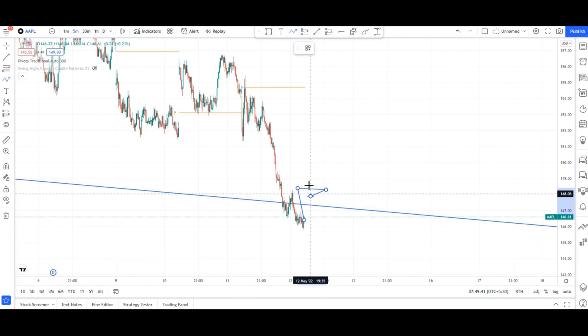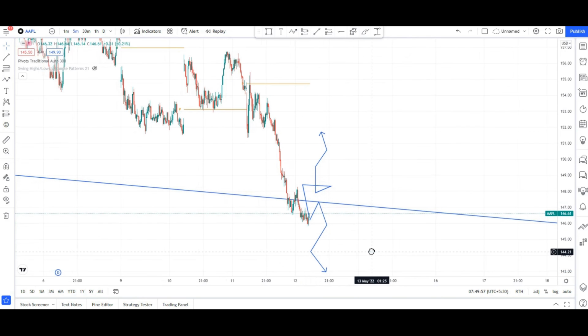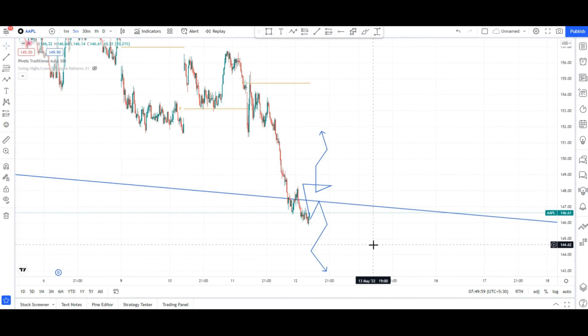Okay, if it breaks this line, then you can go for your first target, second and this will be the final third target. Okay guys, if it comes and takes resistance somewhere here only, then you can expect your first target, second and third target, guys. Okay guys, these are some of the index and stock analysis, guys.